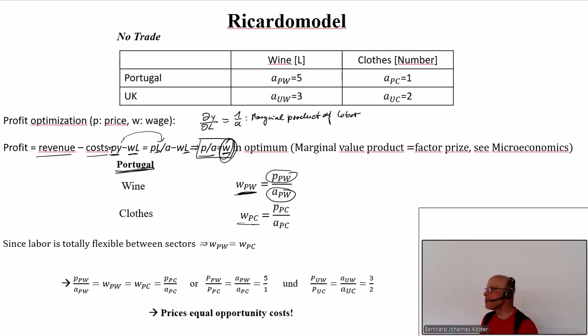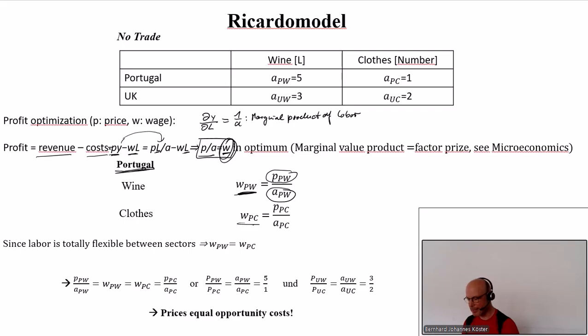And what we then assume, remember, we are assuming fully competitive markets, is that this initiates an equilibrium process. And in the end, since we have here the price mechanism, as you know it from your introductory courses in business administration or microeconomics, the prices start to change until we are in equilibrium. And here, due to our assumptions, in the end, the wages paid in both sectors have to coincide.